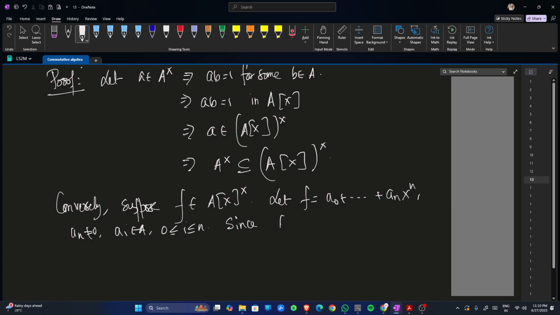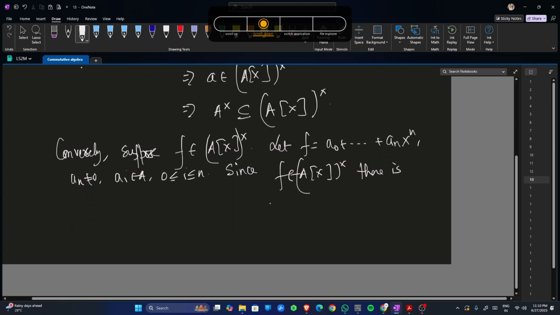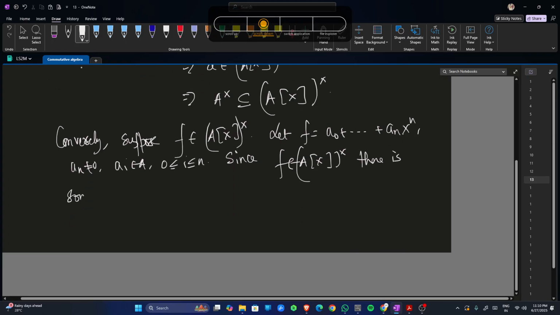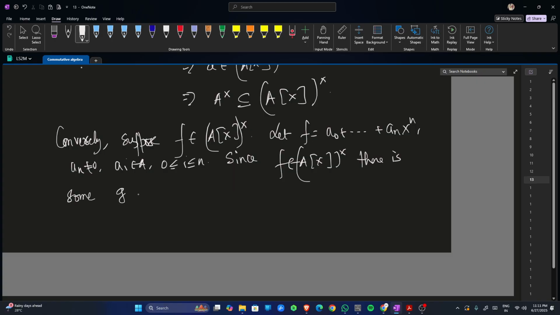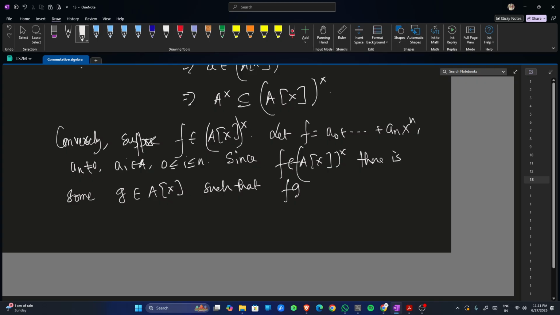Since f belongs to A[x] cross, there is some g belongs to A[x] such that fg equal to 1.